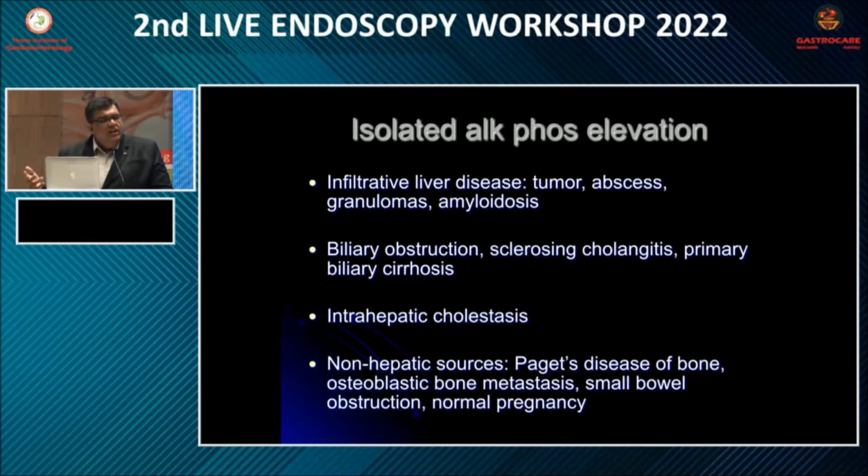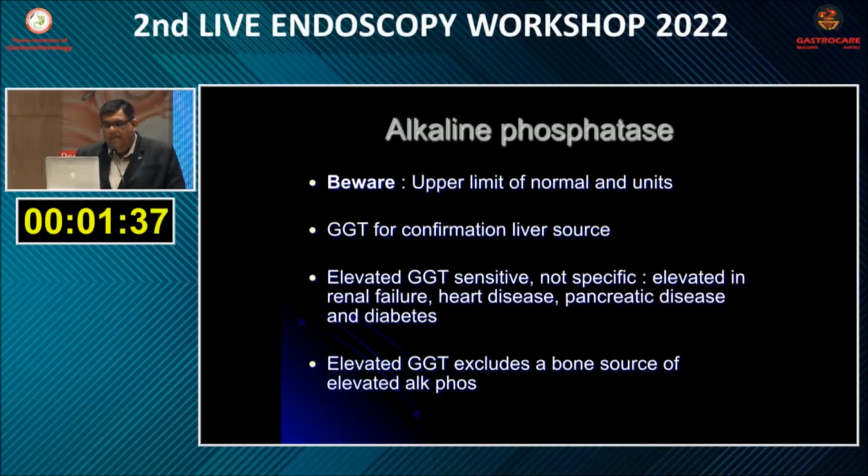It could be something like a biliary stricture, like a hilar cholangiocarcinoma, or a lower cholangiocarcinoma, CA head of pancreas. Then you may be dealing with the intrahepatic cholestasis, all of which causes we discussed. And finally, you can have non-hepatic causes of isolated alkaline phosphatase elevation, like Paget's disease of the bone, osteoblastic bone metastasis, small bowel obstruction, and even pregnancy.